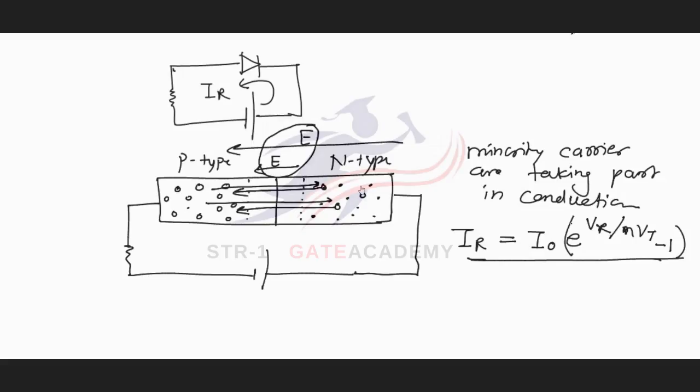I will correct it later. IR equal to I naught into e raised to power VR upon eta Vt minus 1. This voltage VR will be a negative voltage, so I can say that this will be I naught into e raised to power minus VR upon eta into Vt.